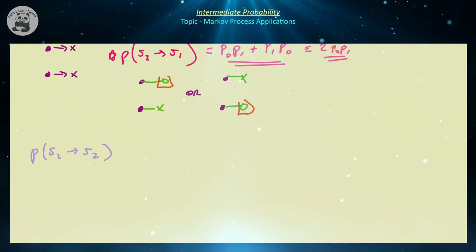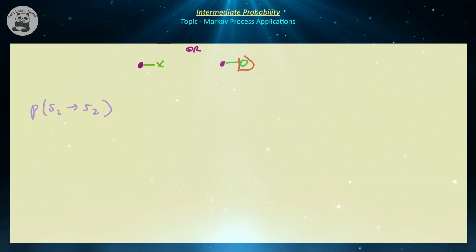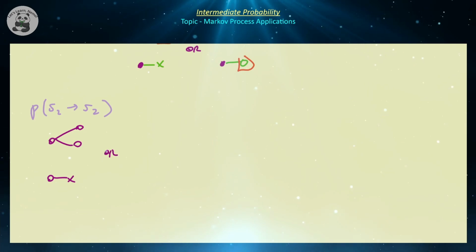You might want to pause this video and see if you can figure this out on your own, because if you can, the rest is actually going to be very straightforward. So again, we're going to have 2 nodes, and we're going to go to S2. So for example, the first can branch off, and this can die. Or the first can branch off into 1, and the second can branch off into 1.